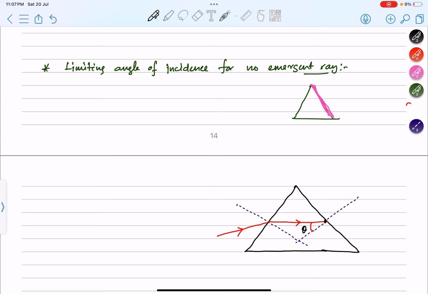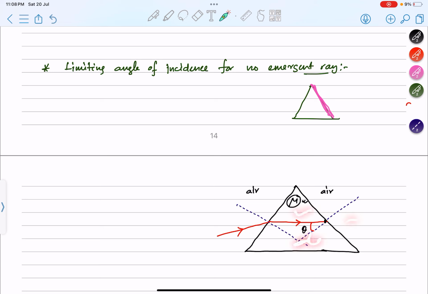And as we know, let us say this is air or whatever medium it is, if the prism is made up of a denser medium than its surrounding, then the refraction at this surface is happening from denser medium to rarer medium.